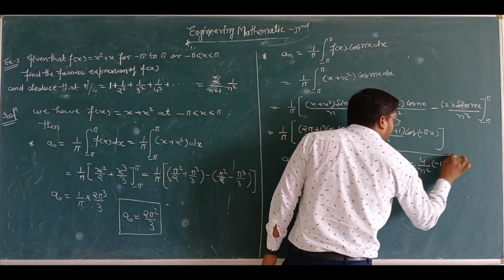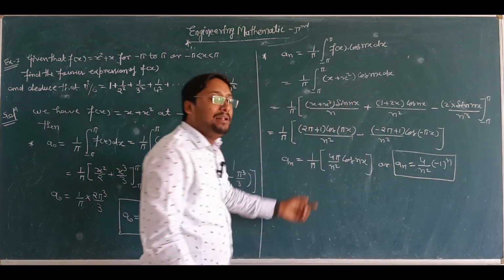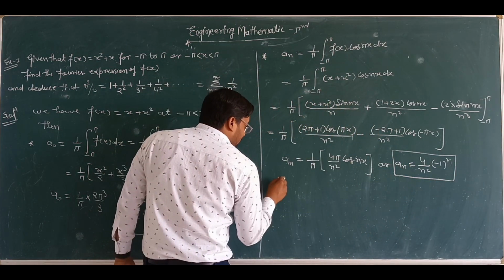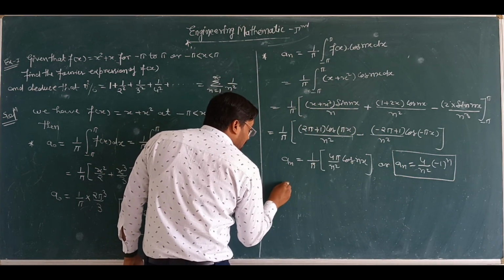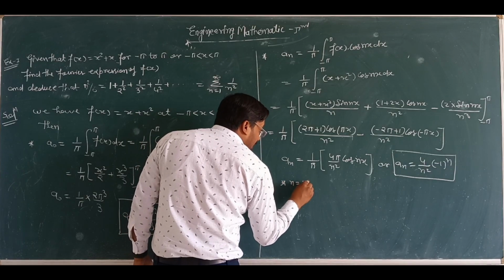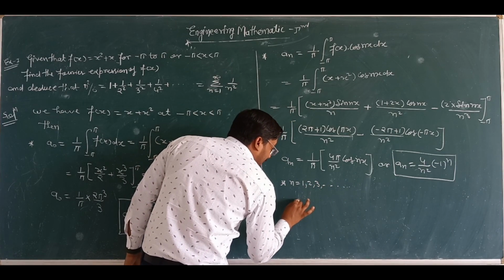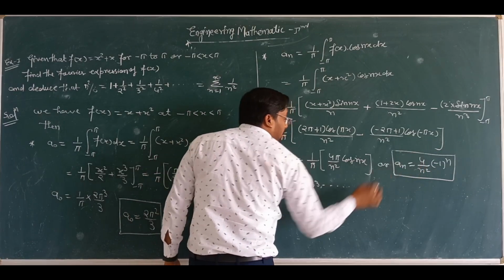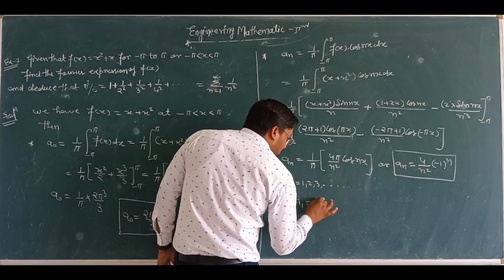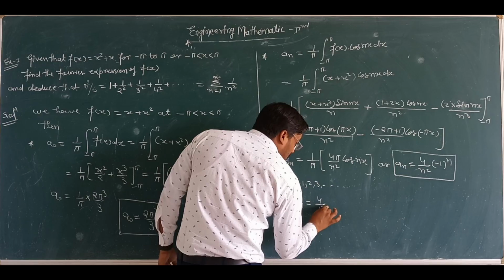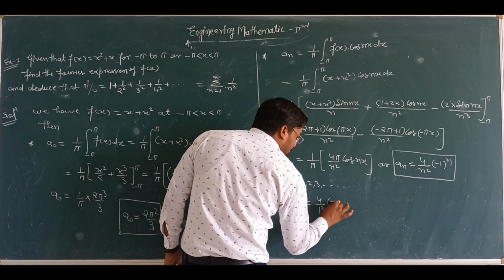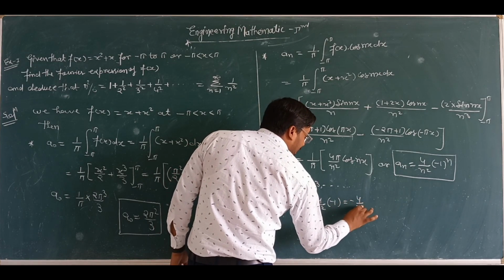This is the value of nth term of an. Now you find n equal to 1, 2, 3 and so on. Put the value of a1, put n equal to 1. This means 4 upon 1 square, minus 4 upon n square.